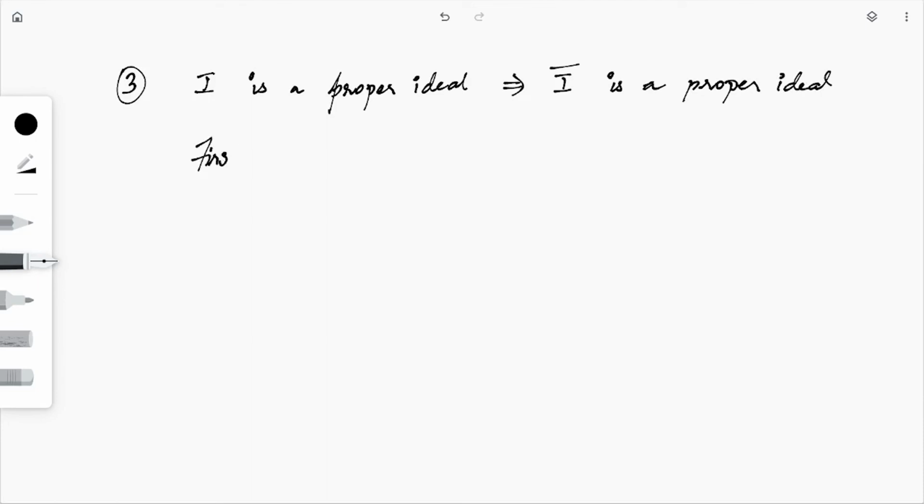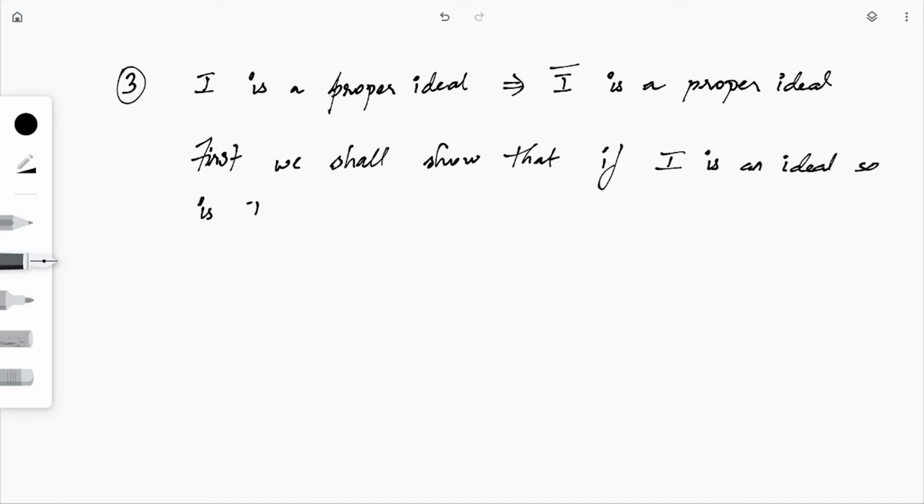The proper part comes directly from that. First we shall show that if I is an ideal, so is I closure. Okay, so let x belong to I closure.